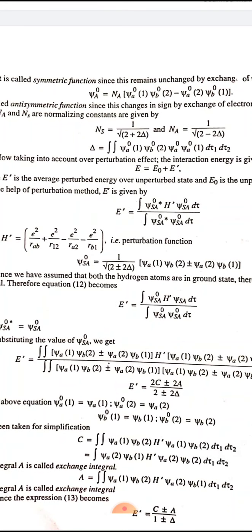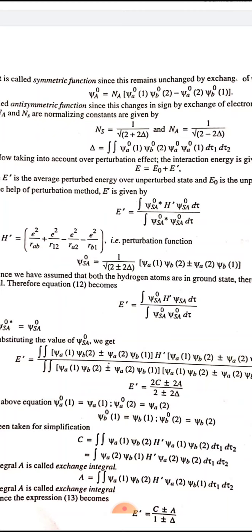And psi A0 equals NA times psi A0 of 1, psi B0 of 2 minus psi A0 of 2, psi B0 of 1, and it is called the anti-symmetric wave function, since the sign changes on exchange of the electrons. In these two expressions, NA and NS are the normalization coefficients, with values given here.